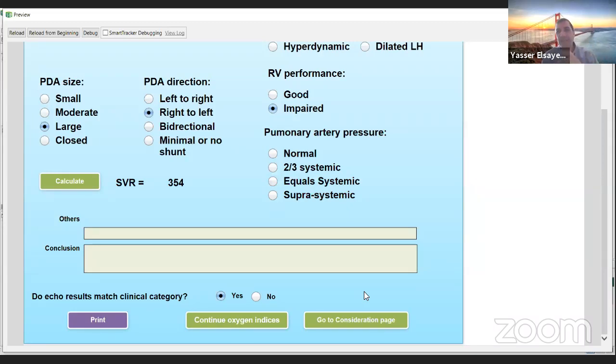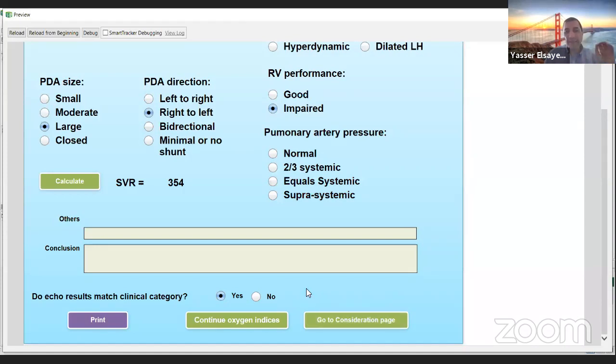So give fluids and give low dose dobutamine. This infant improved within a couple of hours on just 5 mics of dobutamine and after just 1 bolus of normal saline. So you see, when you consider targeted management, you will get the improvement right away.